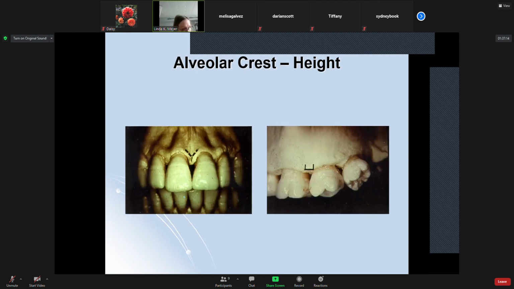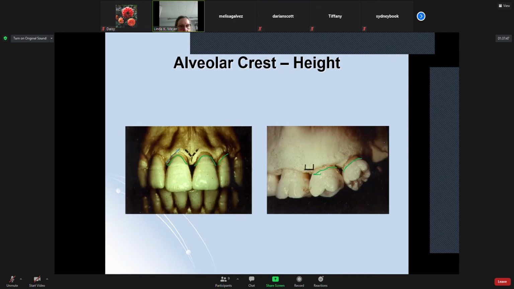Again, I'm taking this illustration that's on the top of page 7, and previously I had outlined the CEJ there. Okay, and then here I just want to outline a couple CEJs over here. Do you notice that the crest is apical to the CEJ?